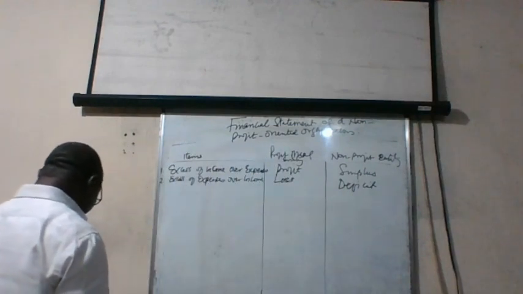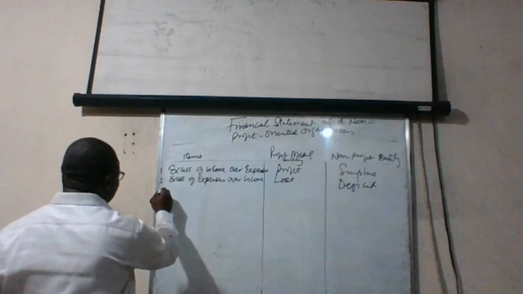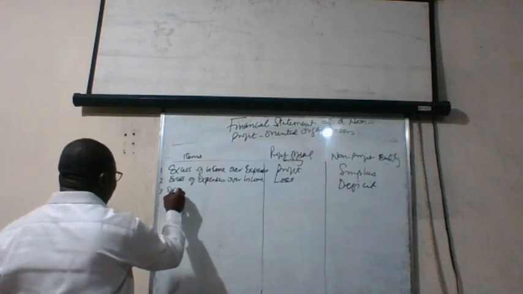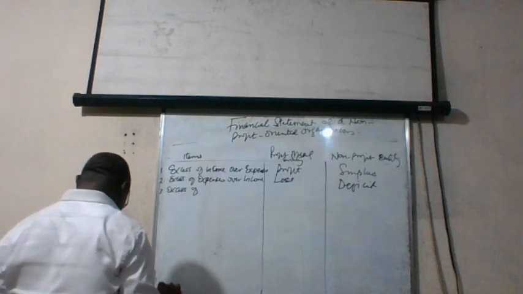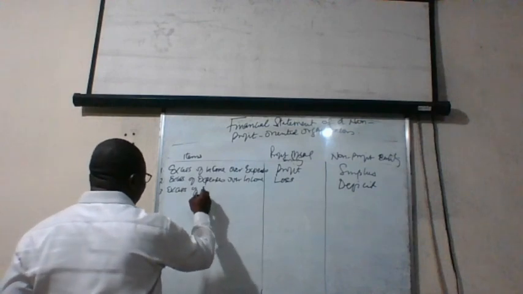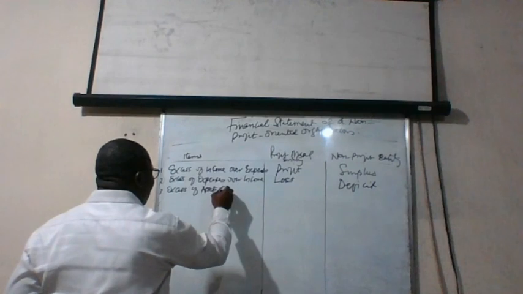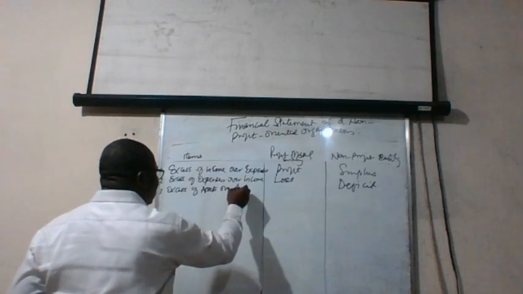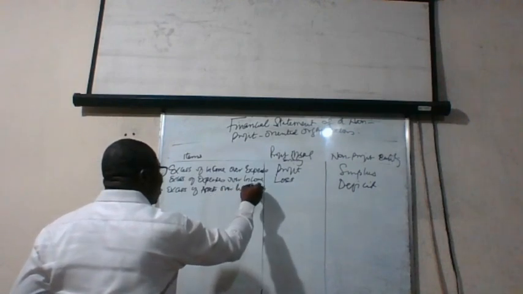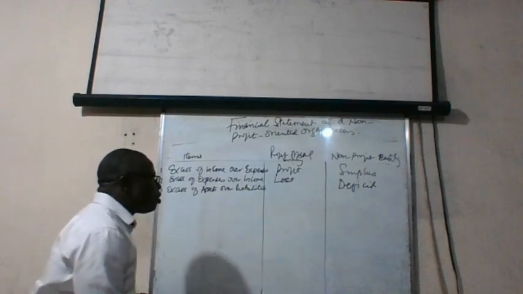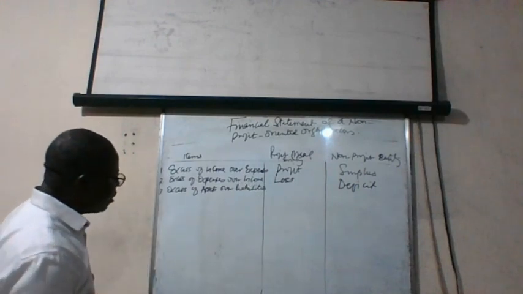Another one is excess of assets over liabilities. I gave us notes on assets and liabilities.